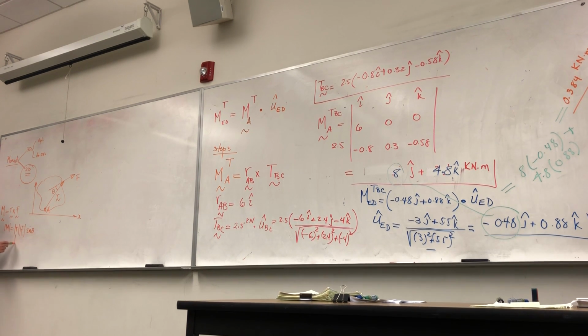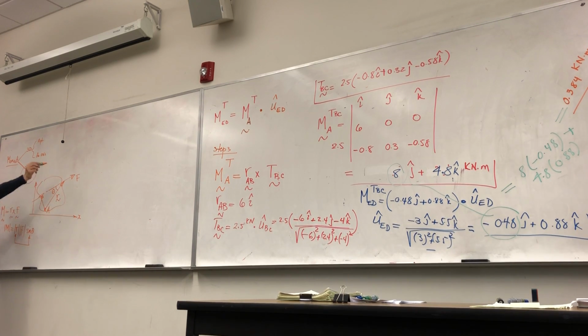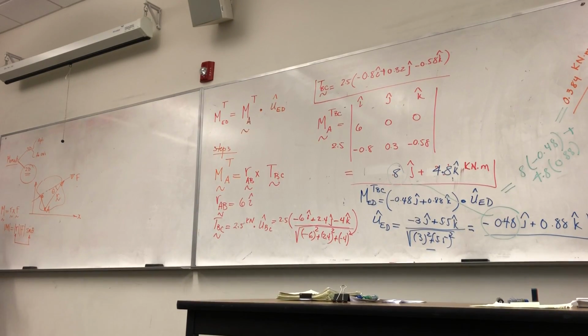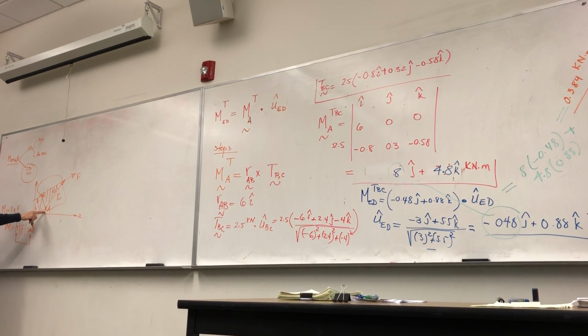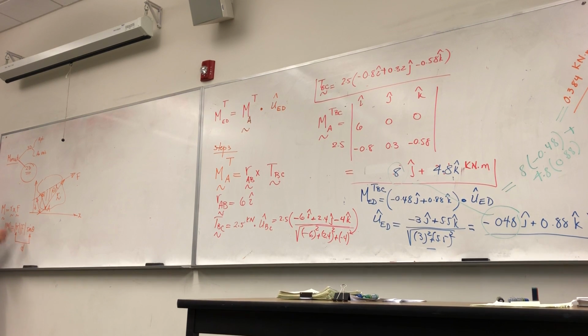But what is R times sine theta? If you look at here, draw a line from A perpendicular to the direction of the force. This line shows the vertical distance from the point of rotation to the direction of the force, right?